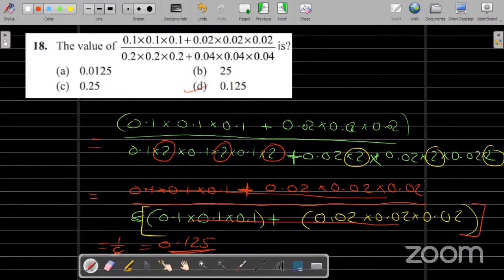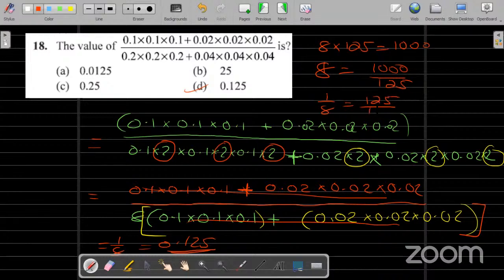We should see that 8 into 125 is 1000. So 1 by 8 will be 125 by 1000, that is equal to 0.125.